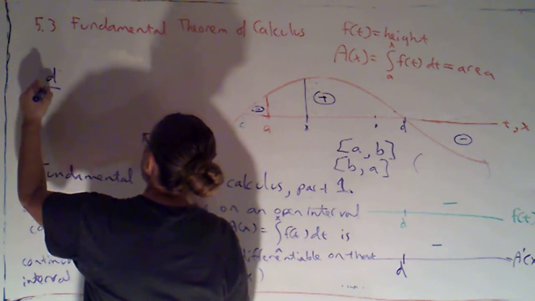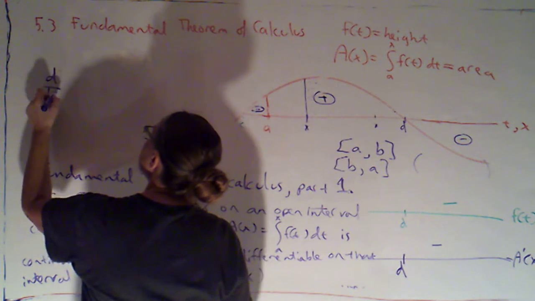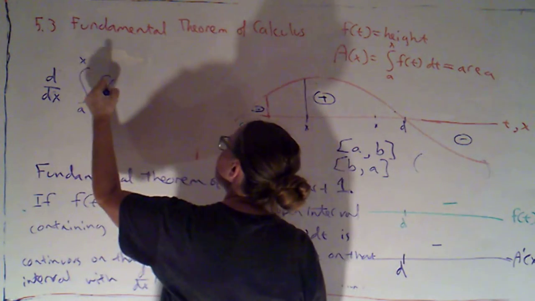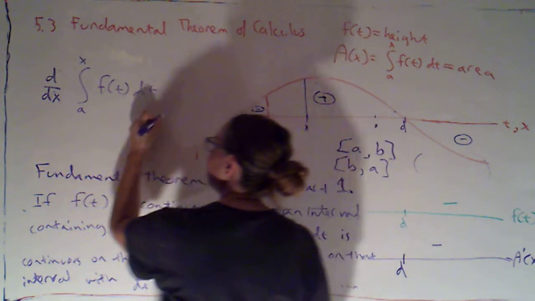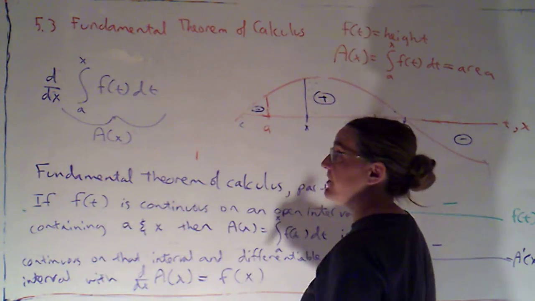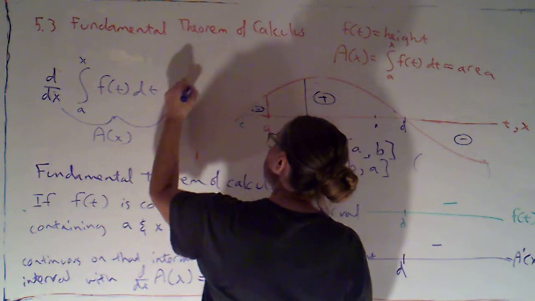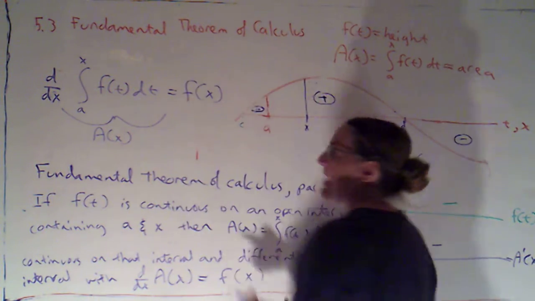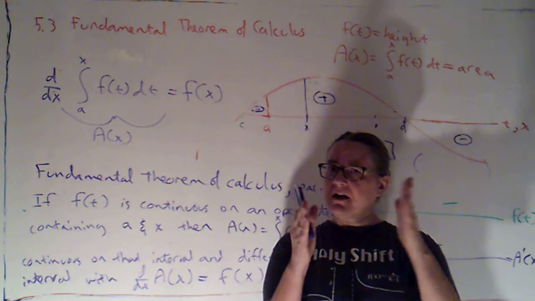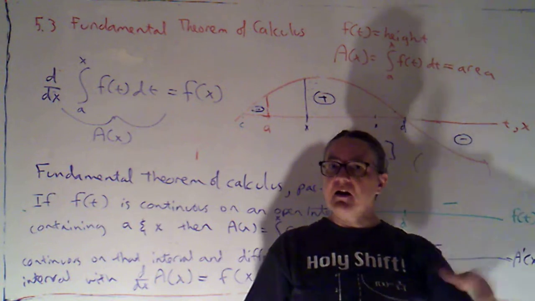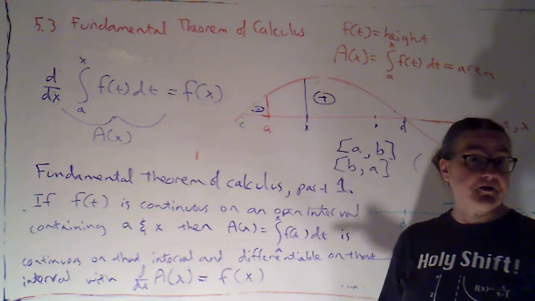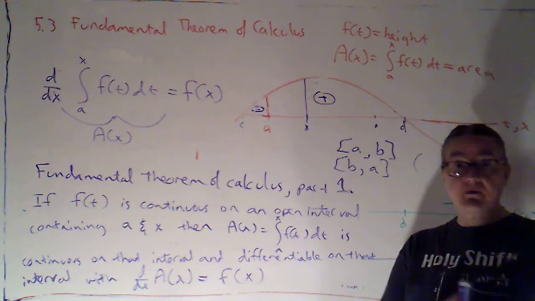And it looks really wonky when I write it all out. The derivative with respect to x of the integral from a to x of f of t dt. That's just my definition of the area function. That derivative is f of x. Now, it made sense geometrically. Whether the area was increasing or decreasing and how quickly was really determined by the height function, whether that was positive or negative and whether that was big or small.